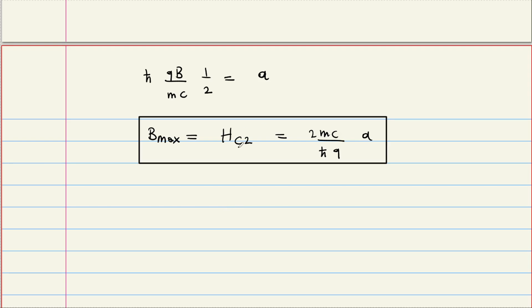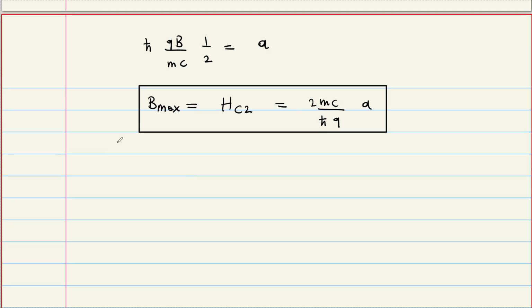But I want to compare this. Previously we found HC1 from thermodynamic equilibrium. Let me also remind you, because I have a little bit of time. Previously, Fs minus Fn is equal to A psi squared plus 1/2 B psi to the 4th.